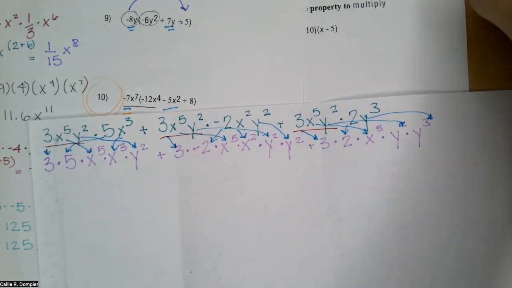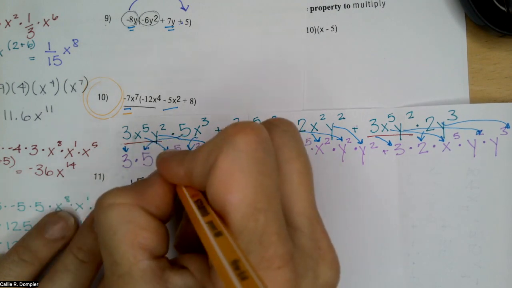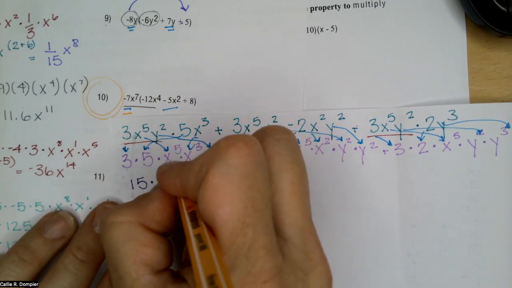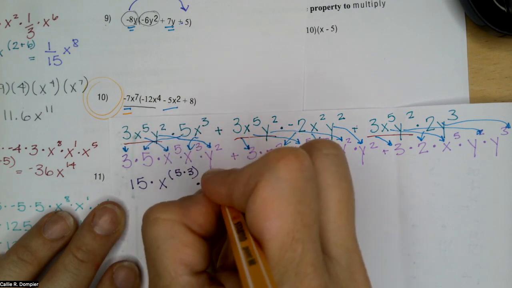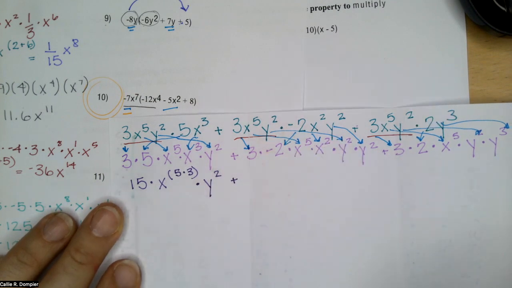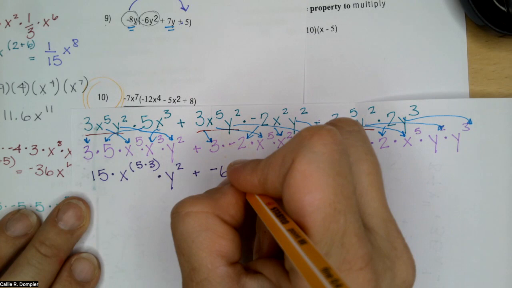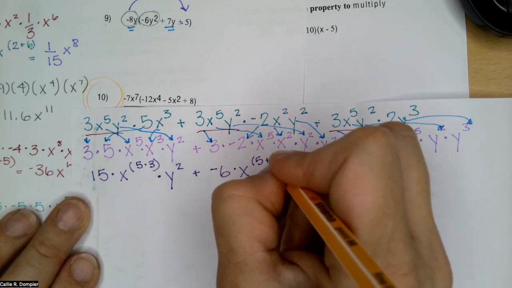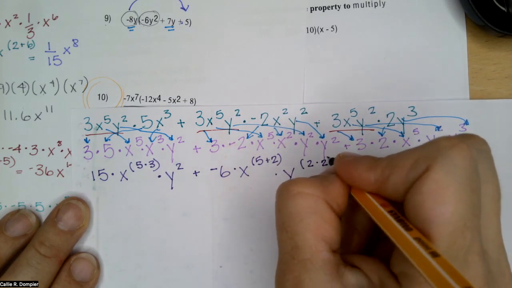All right, go ahead and simplify this. 3 times 5 is 15. X to the 5th times x to the 3rd is x to the power of 5 plus 3. Three times negative 2 is a negative 6 times x to the power of 5 plus 2 times y to the power of 2 plus 2.